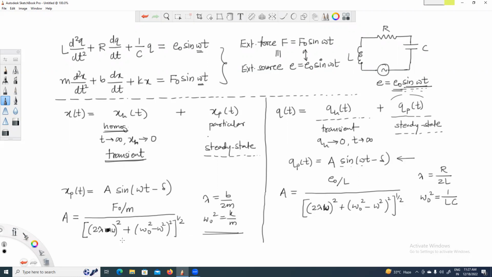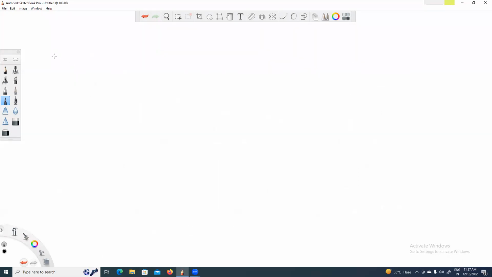Let me write the amplitude first. The amplitude for the mechanical system is F naught, and let me combine the mass over here: 2 lambda omega squared plus omega naught squared minus omega squared, bracket squared, raised to half. Now 2 lambda would be b over m, and if you take this m inside, it goes as m squared due to the square root.